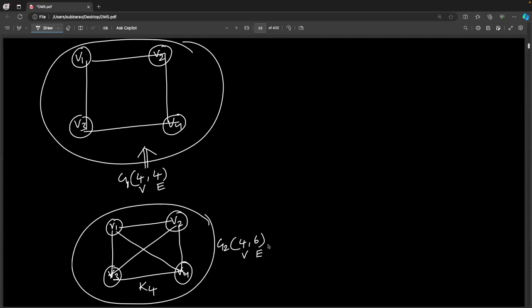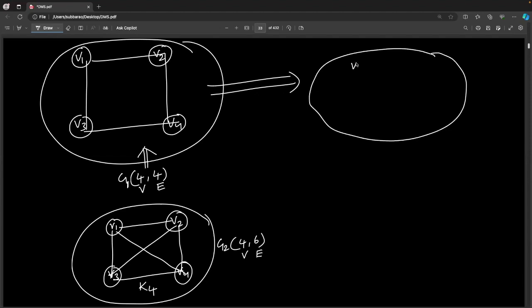Now everyone listen. In the G1 graph, how many vertices does it contain? 4. Take all vertices as it is. Okay, I took all vertices as it is.